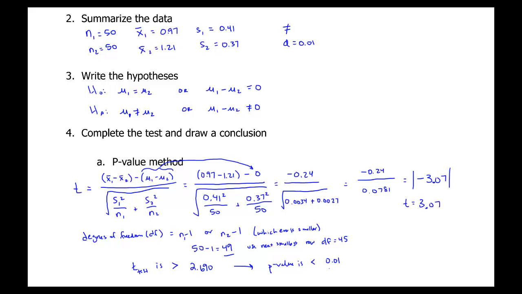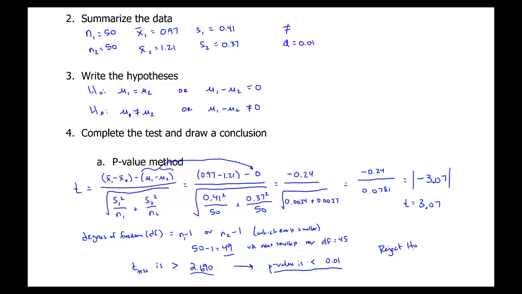So our p-value must be less than that. Since our t is bigger than the critical t that's on the table, our p-value is less than 0.01. Alpha in this problem was 0.01, so our p-value is less than alpha. And we'd reject the null hypothesis.